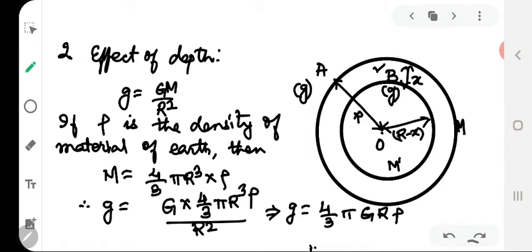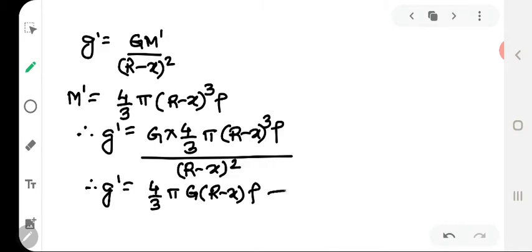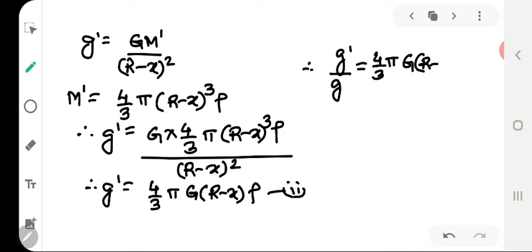Now let us go back to the previous page. I am marking this as equation number 1 and this as equation number 2. Again, if we divide these two equations, we get G dash by G equal to 4 by 3 pi G (r minus x) rho divided by 4 by 3 pi G r rho.